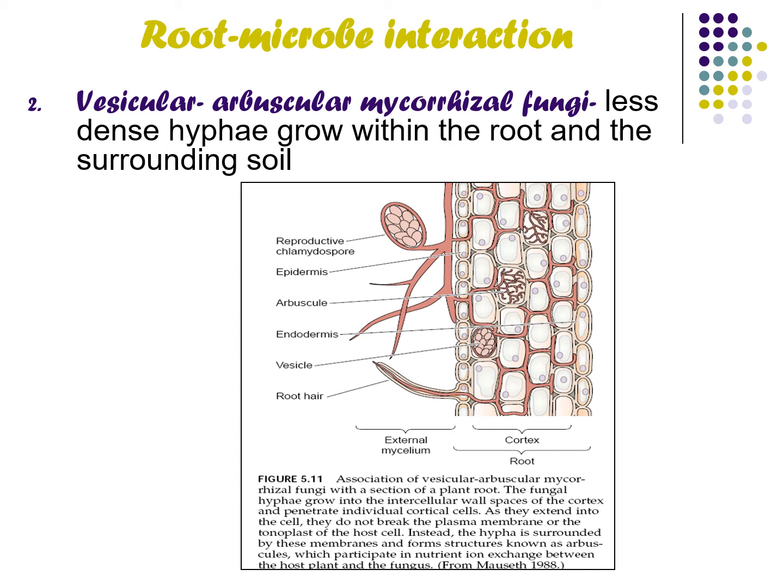Less frequently, the VAMs form large ellipsoid vesicles either between or within the host cells. The presence of the arbuscules and the vesicles provides a large surface area for exchange of nutrients between the host plant and the invading fungus.